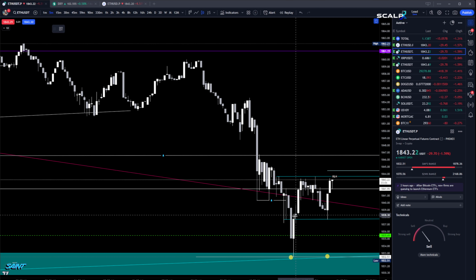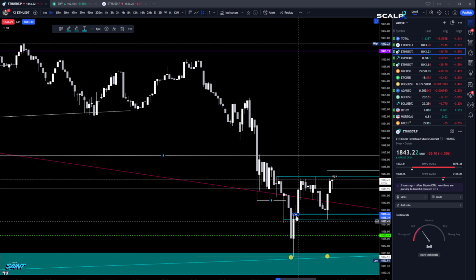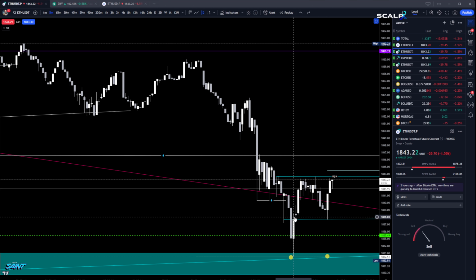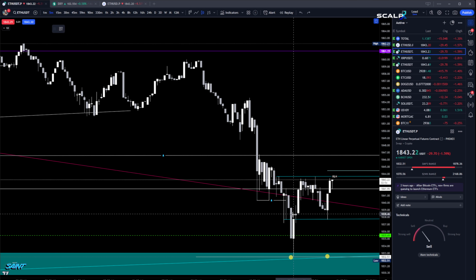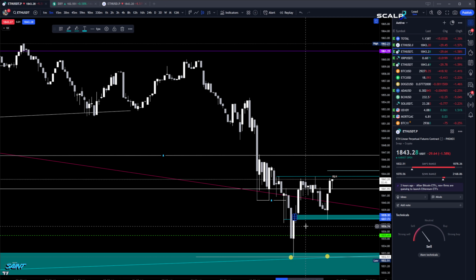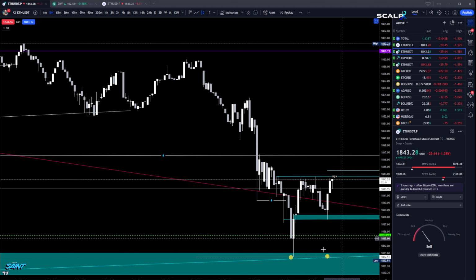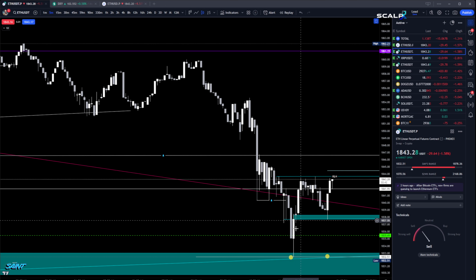And I'm not saying that this is wrong to make this an order block. Okay, so this is a good example of what I was talking about earlier.